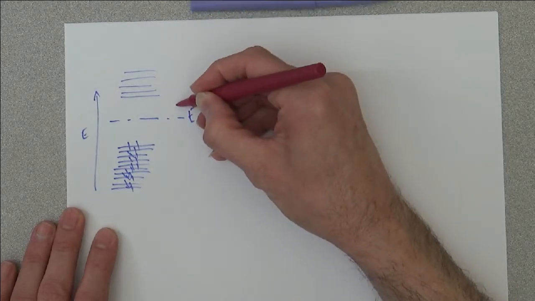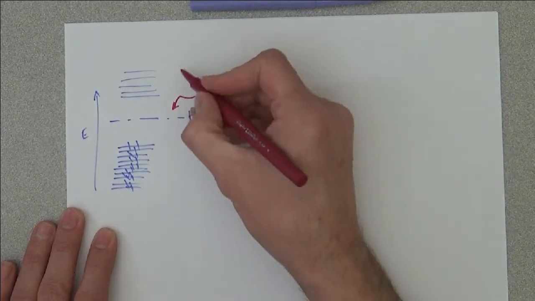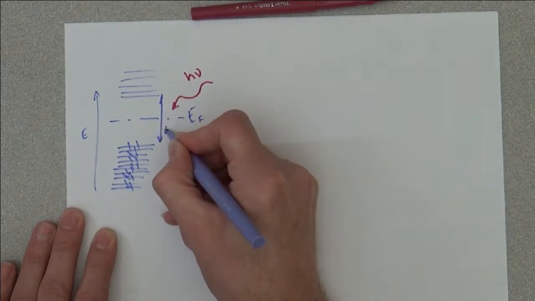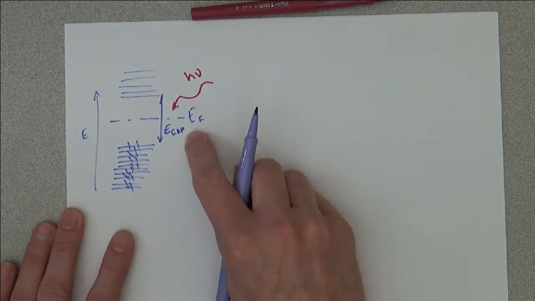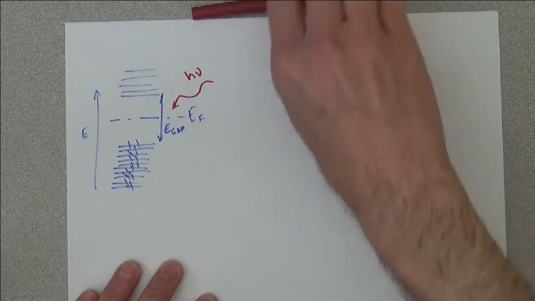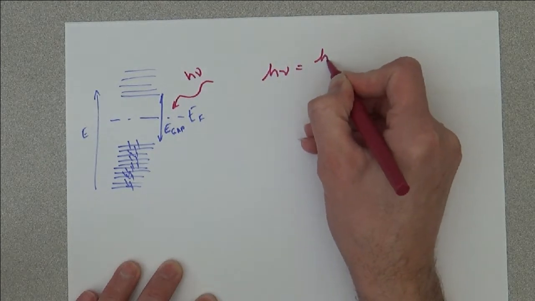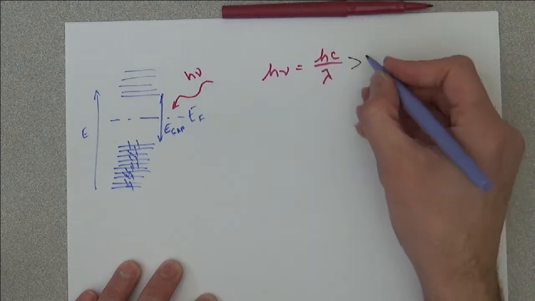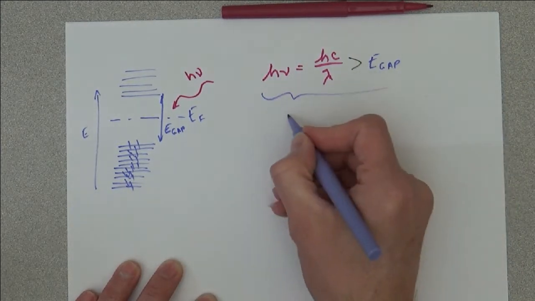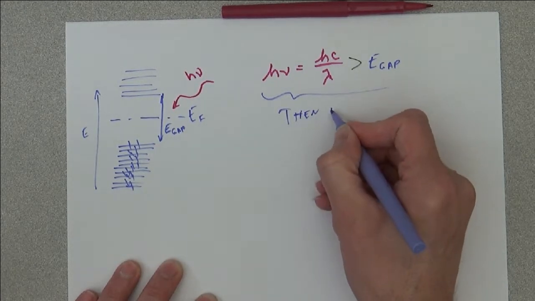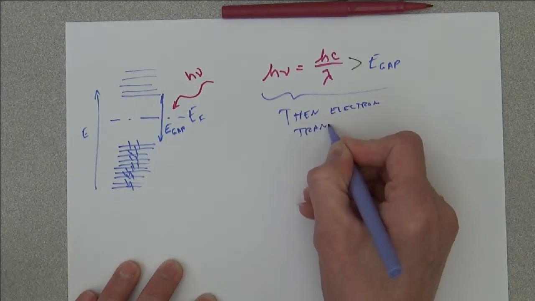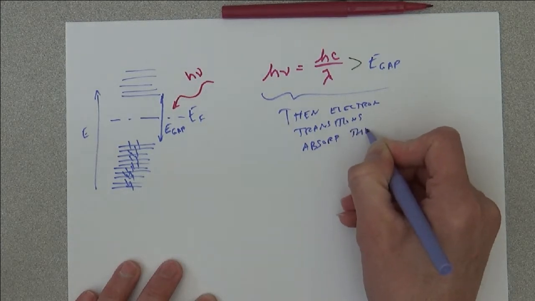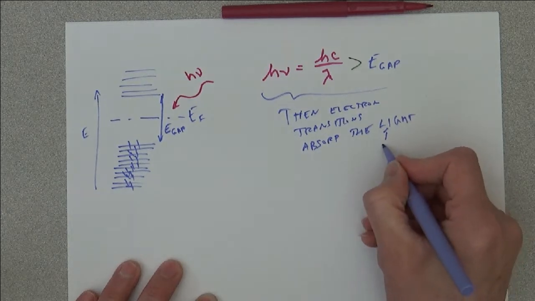For light to be coming in at a given wavelength, a given frequency, and having the energy of the gap, if the energy of the incoming light, if h nu or hc over lambda is greater than E gap, then electron transitions absorb the light, or the EM radiation.